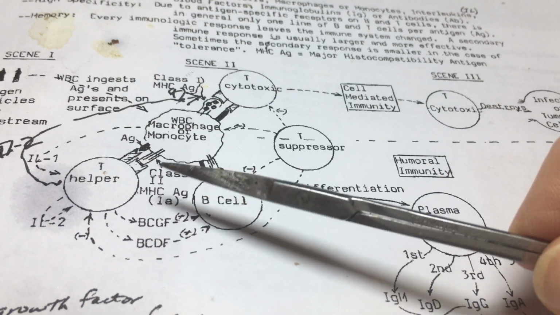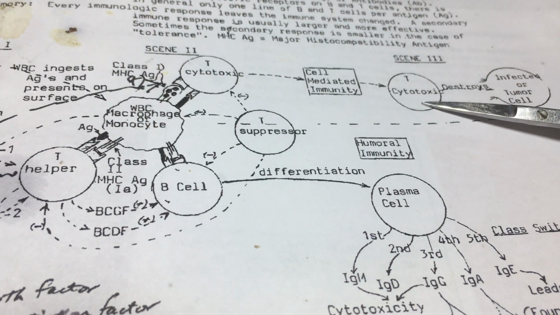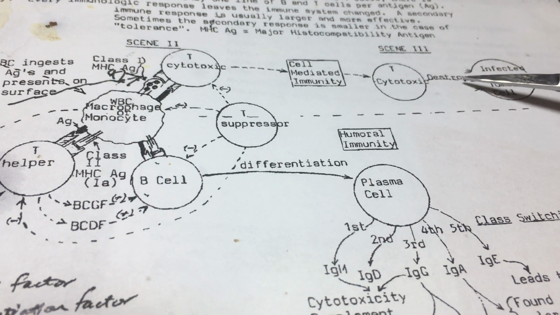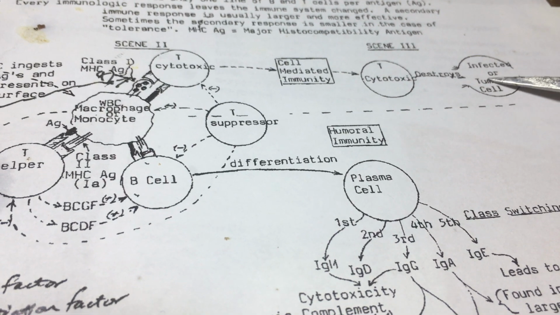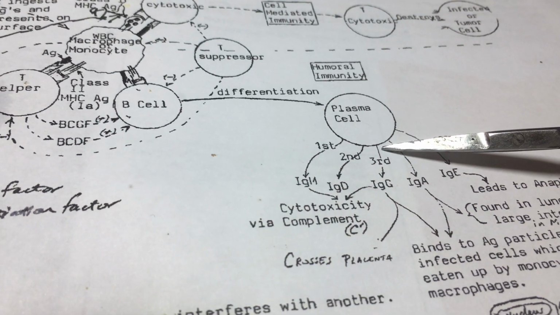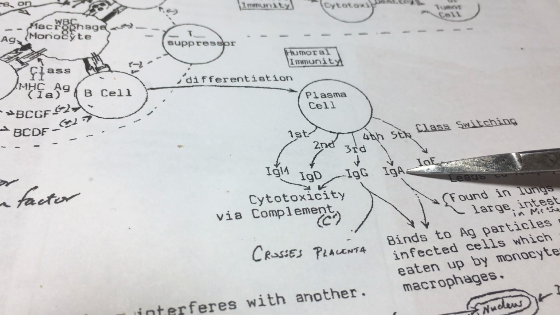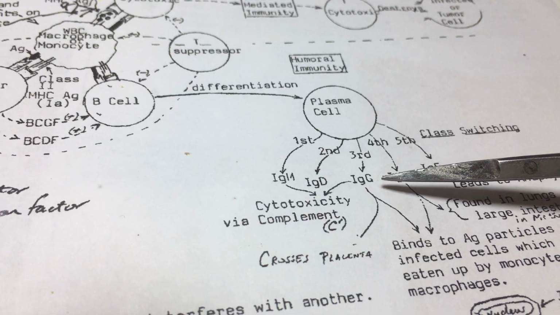A vaccine is the ability, through antibodies or through T cytotoxic cells, to identify a pathogen that has infected a cell, or using this immunoglobulin or antibody that can bind to the pathogen and identify it that way.